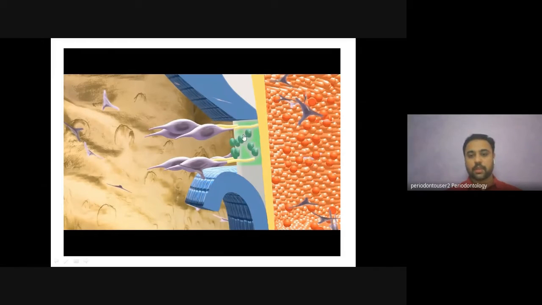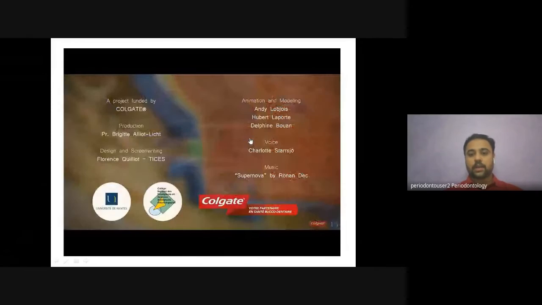This is a cementoblast which lays down the cementum, and your cementoblast is responsible for the formation of intrinsic fibers. The fibroblasts which lay down the fibers form what are called extrinsic fibers.